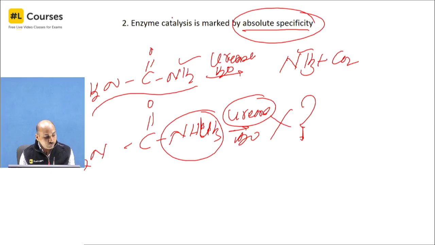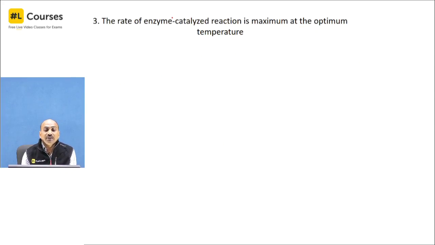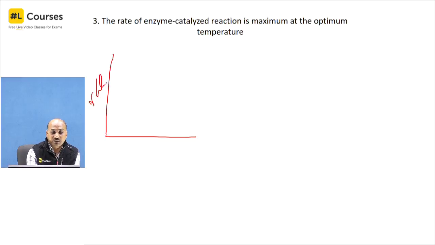Coming to the next property of enzymes: the rate of enzyme-catalyzed reactions is maximum at the optimum temperature and also at optimum pH. When I talk about optimum temperature, this is very, very important. Whenever the rate of a reaction is plotted with respect to temperature, especially for enzyme catalysis, initially as the temperature increases, the rate of the reaction also increases and becomes maximum, later it falls down.